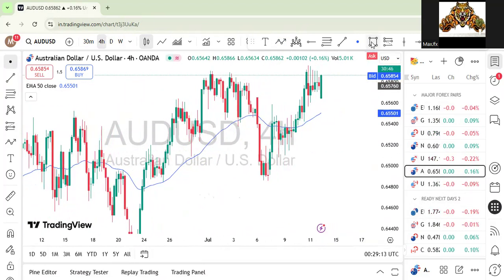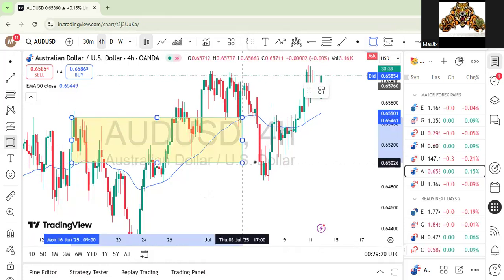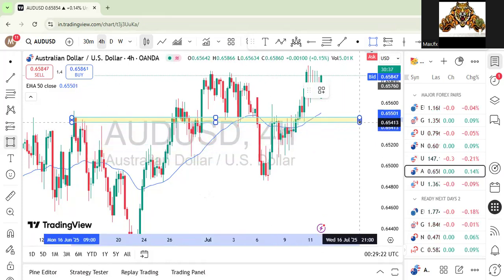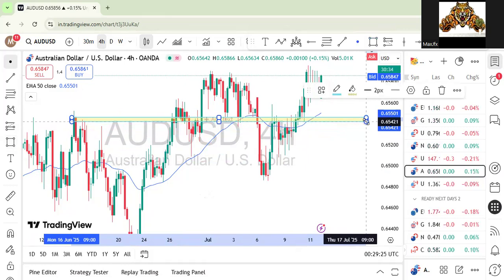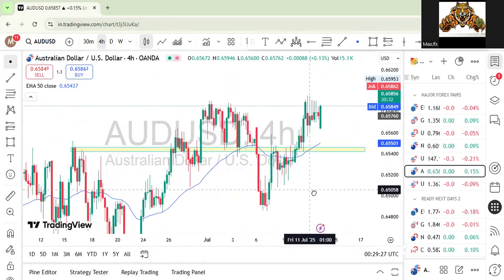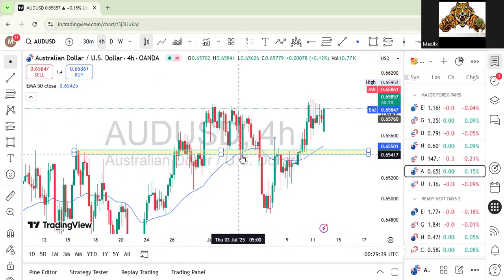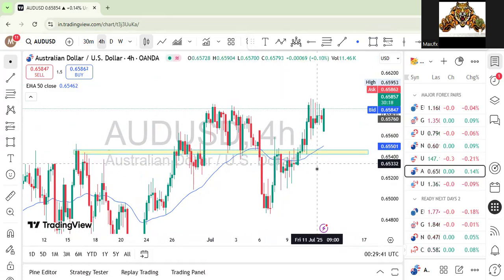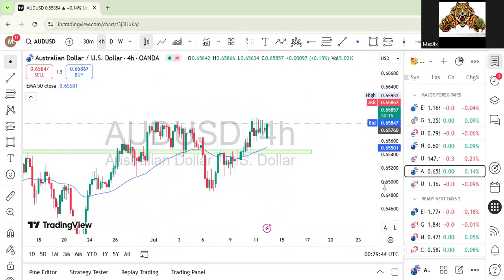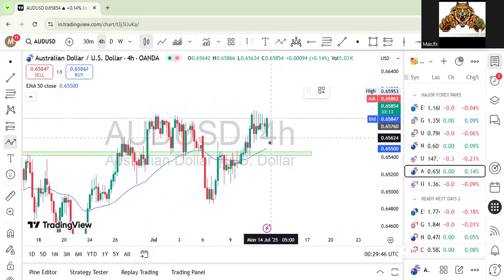And I think this will be the best zone for us to wait to enter into the market, right here. I think this one will be a very good one for us, because this looks like a double bottom. So it's retested and now back. Here it was acting as resistance, resistance, support, resistance. So this is a very nice zone for us to enter into the market.